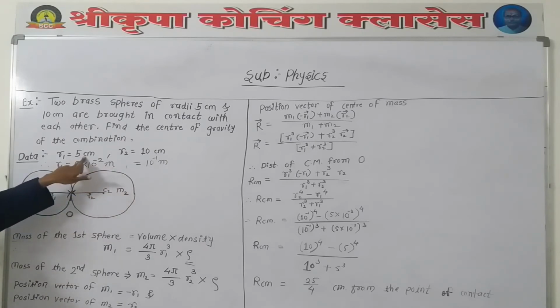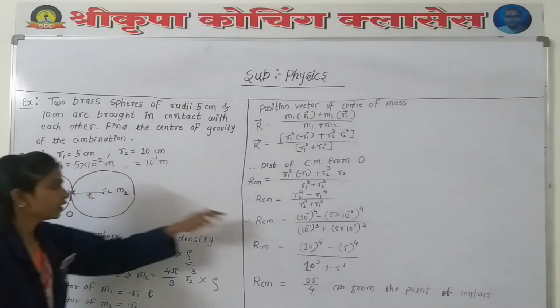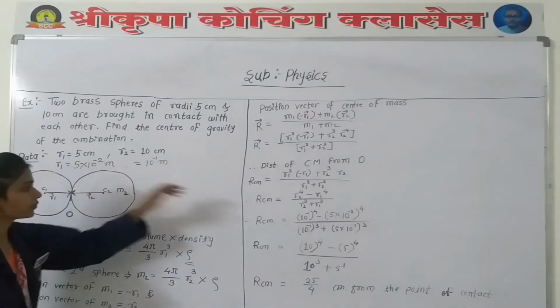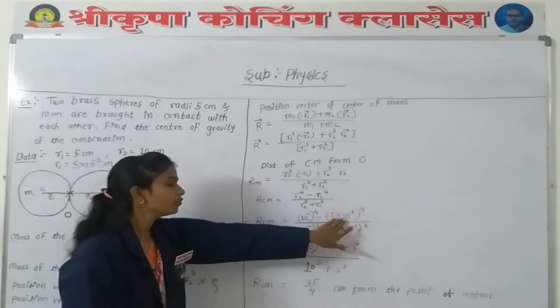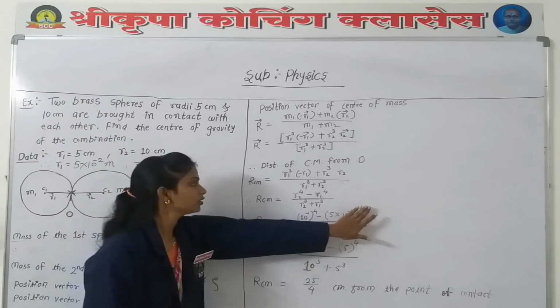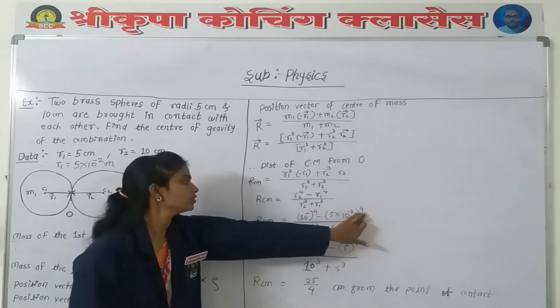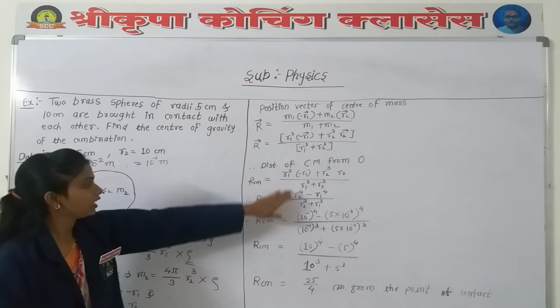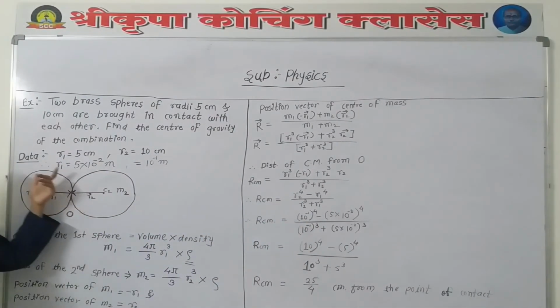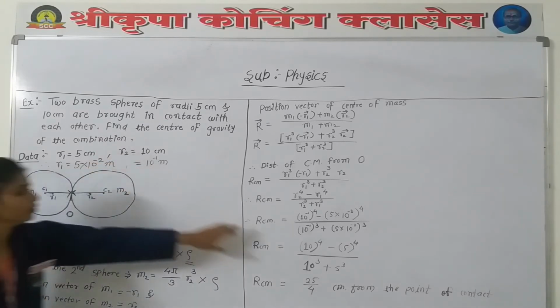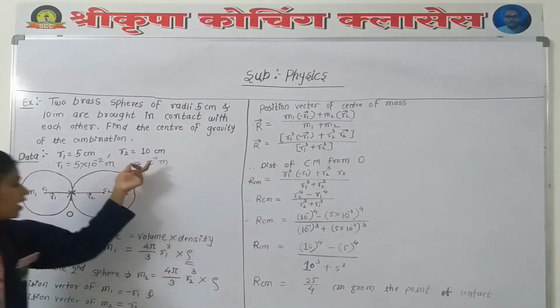This is the conversion of centimeter to meter. Similarly 10 raised to power minus 1 is the value of R2 and this is the value of R1.